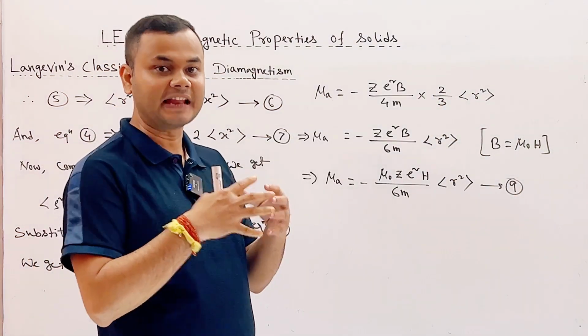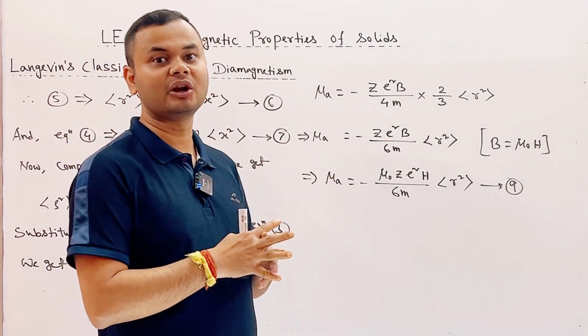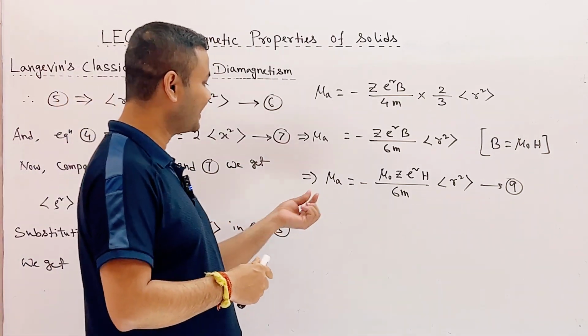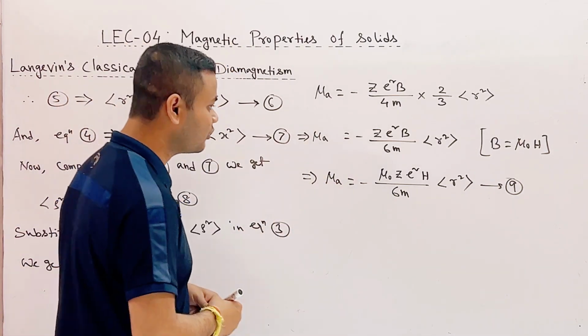Again, if a diamagnetic material contains n number of atoms per unit volume, then magnetization of that material will be given by n into mu A. Now let me write this point.